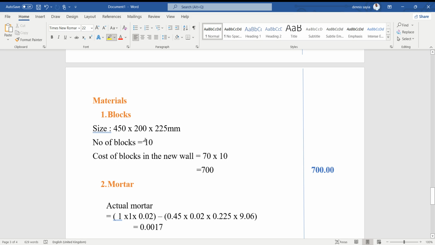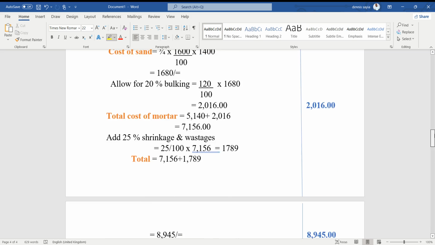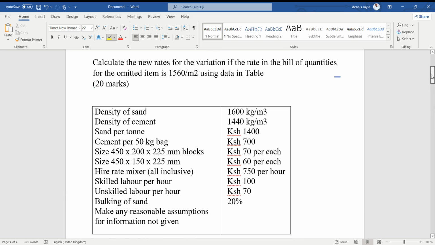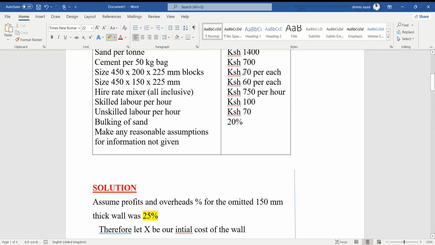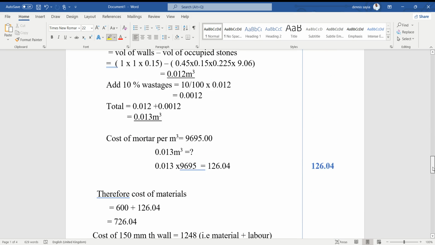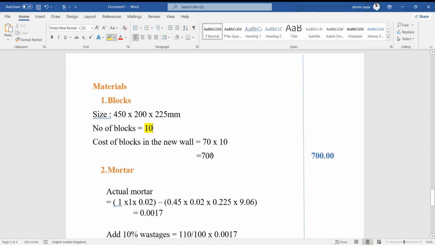So the number of blocks will still be 10. The cost of the new blocks, the cost of the 200 block was 70. So we have 10 of them. So that one is going to give us 70 times 10. That is going to give us 700.